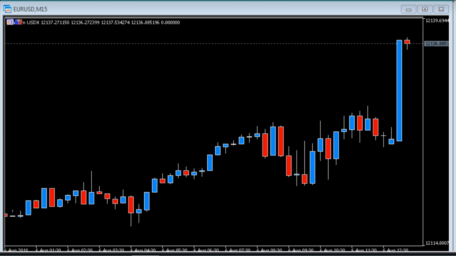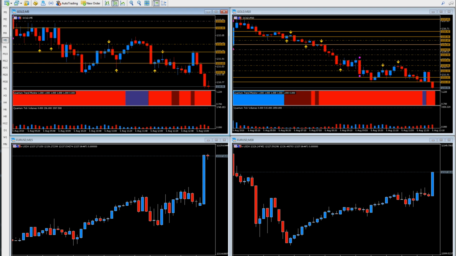And as you can see here, we've got the quantum on 15 on the left hand side and on 30 minute, and the dollar is rallying strongly, and then we are seeing that reflected in the inverse fall to the downside for gold on those faster time frames.